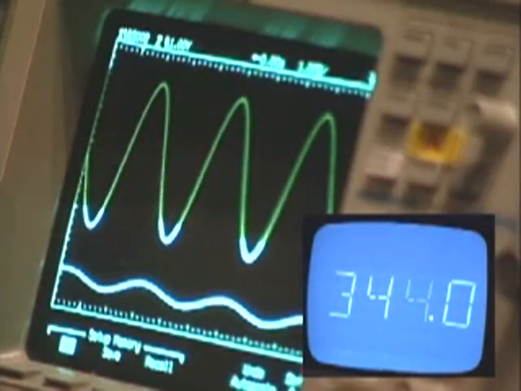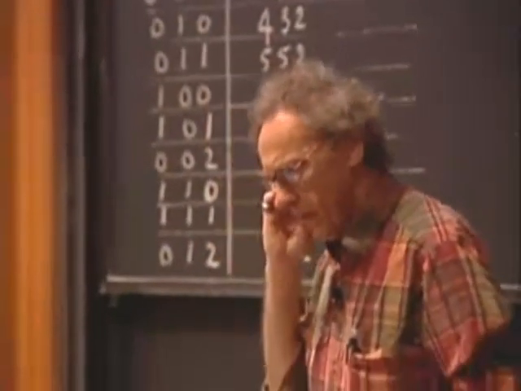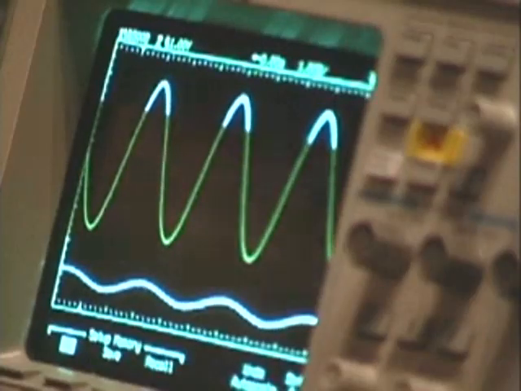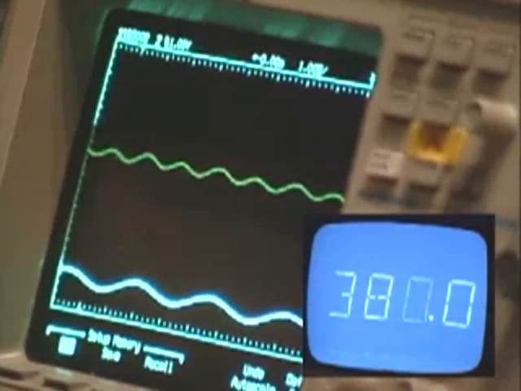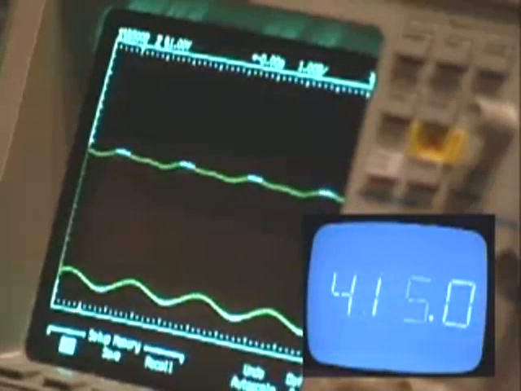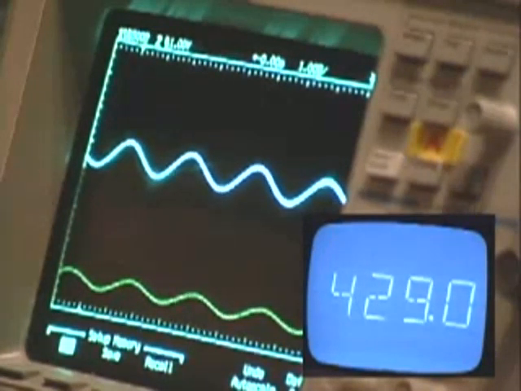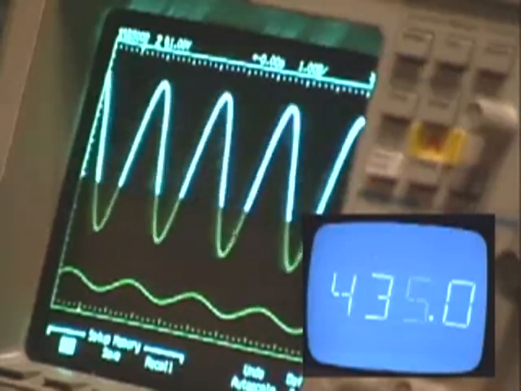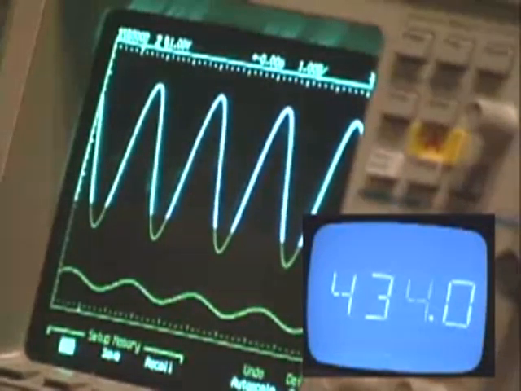344. I'm going to find the next one. 434. Less than 0.5% off.